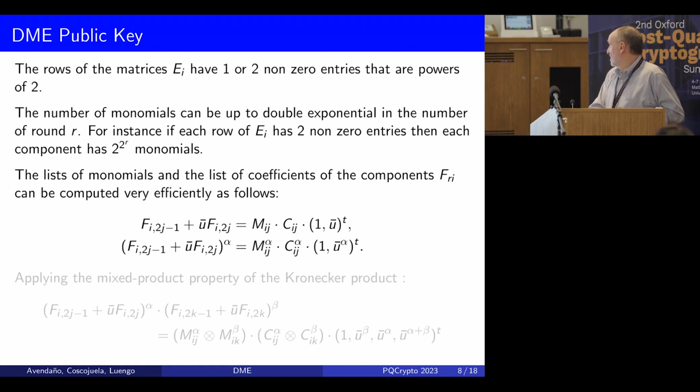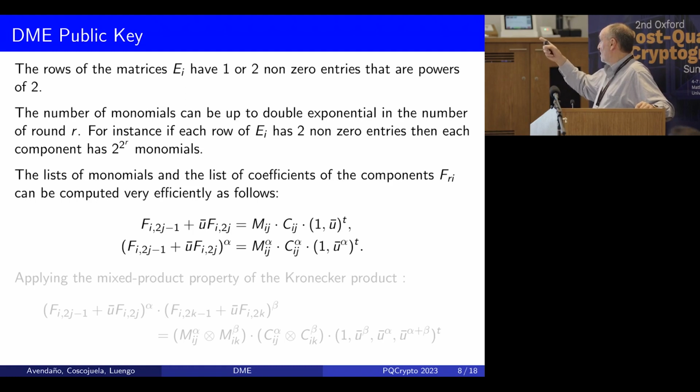MI is the matrix of the exponents, CI is the matrix of the coefficients, and 1U is the base of FQ squared over FQ. Because the exponents are a power of 2, it is easy to get this formula. In order to get the final polynomials, the way to do it is very fast.